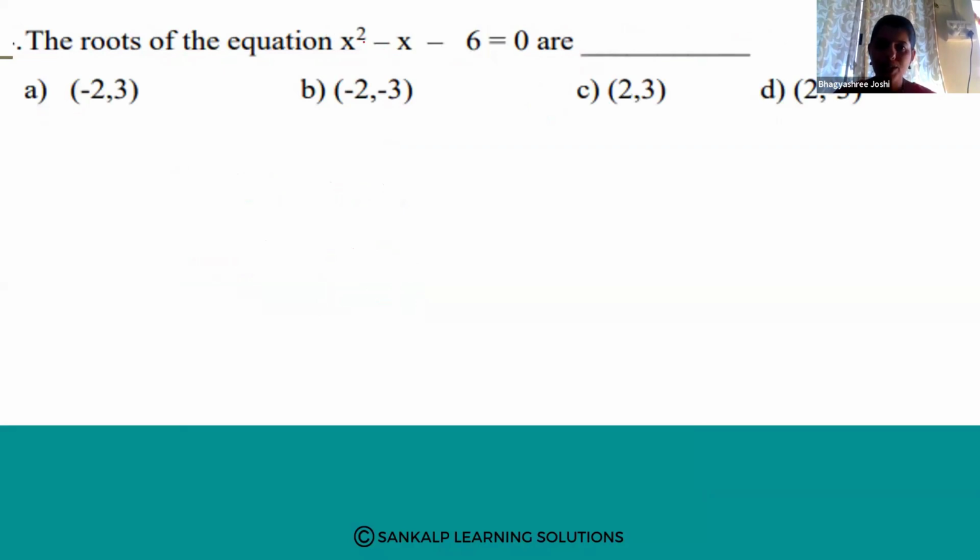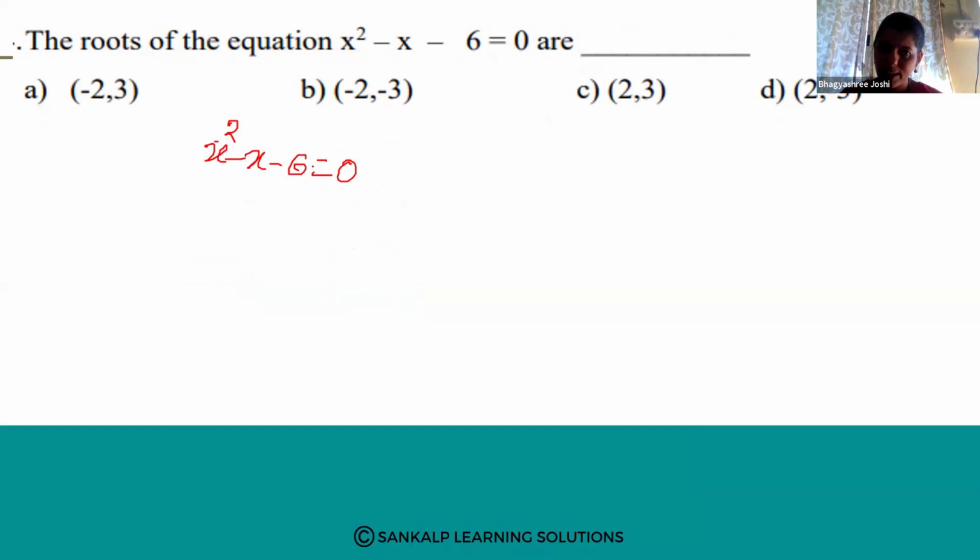The roots of the equation x square minus x minus 6 equal to 0 are. x square minus x minus 6 equal to 0, this is a quadratic equation. So we need to find out the roots of this quadratic equation. For that, we are going to use the factorization method. In the factorization method, you are going to multiply a into c.